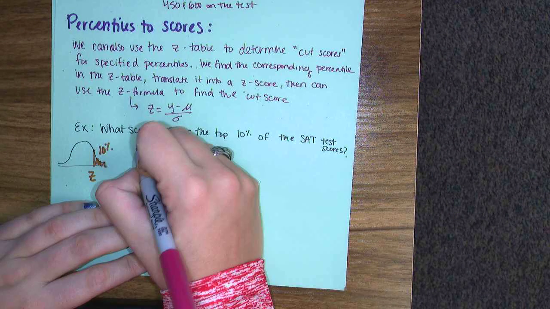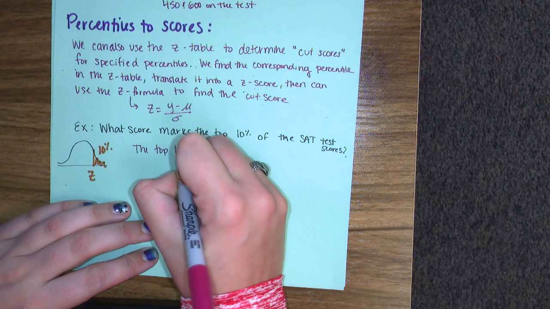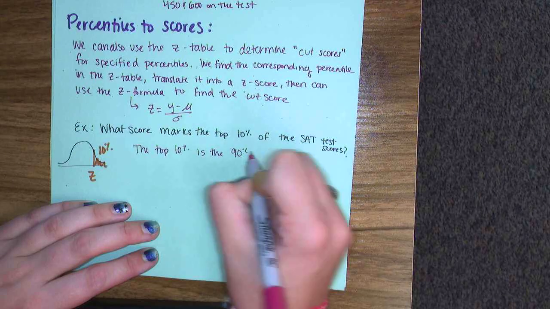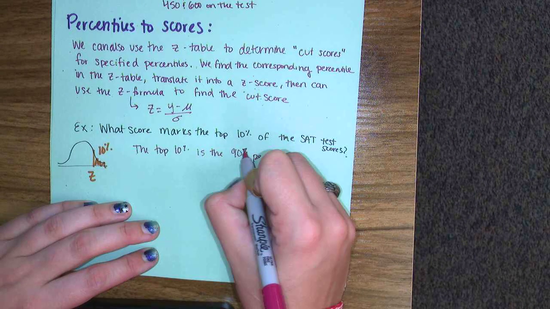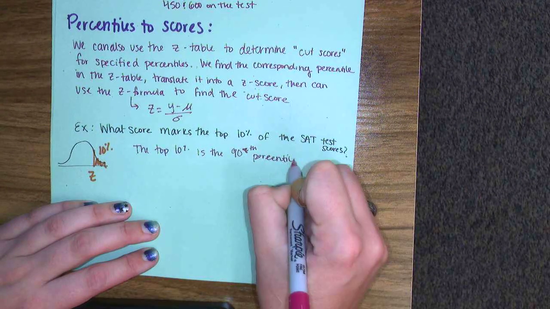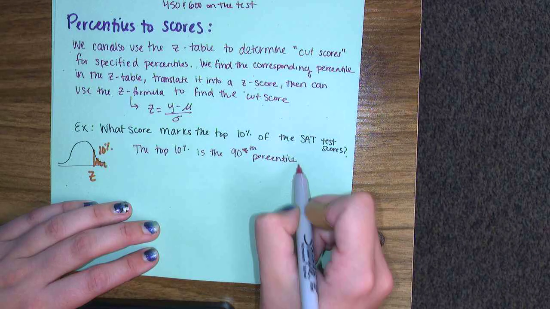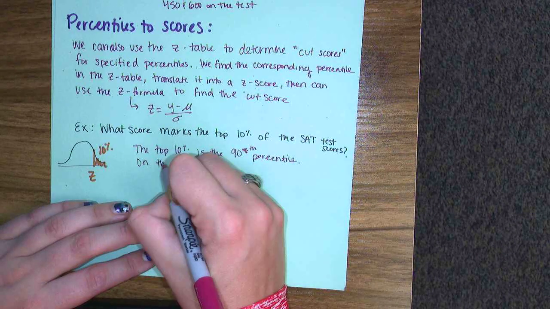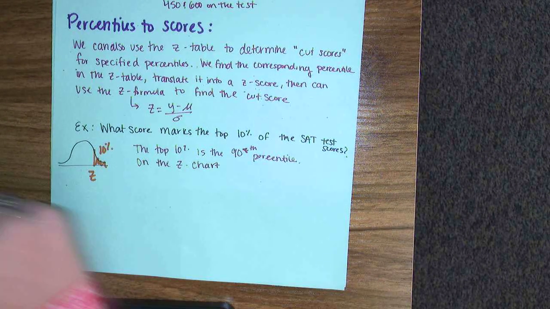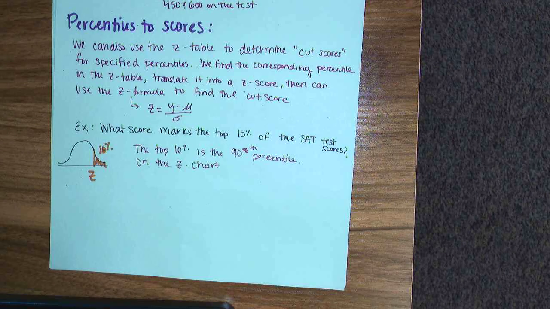So the top 10% is the 90th percentile on the Z chart, and then we're going to look at the value there and how we find that. Give everybody a second to write that down before we go look at the table.